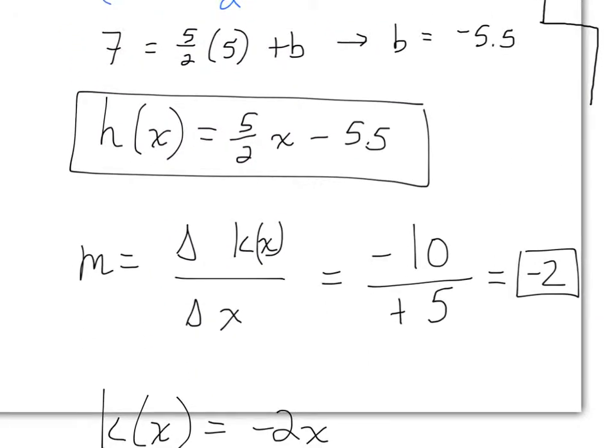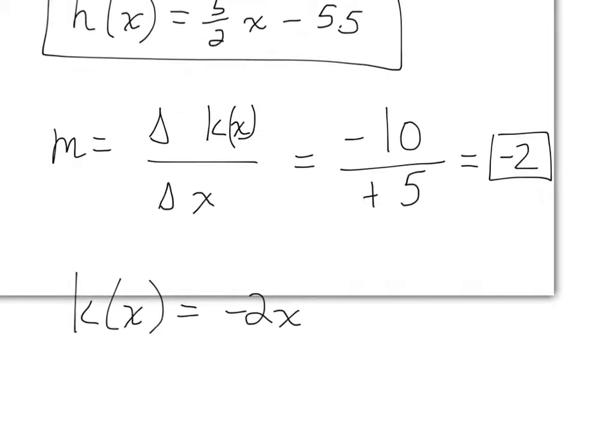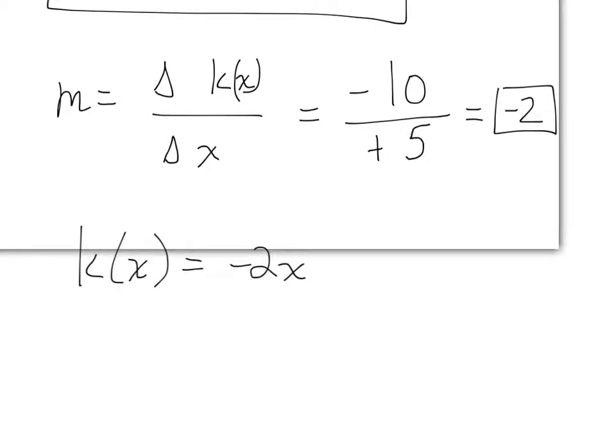They're putting in 0 for x. When you set x to 0, it gives you the y-intercept. Remember, to find the x-intercept, set y to 0. When you want to find the y-intercept, set x to 0.